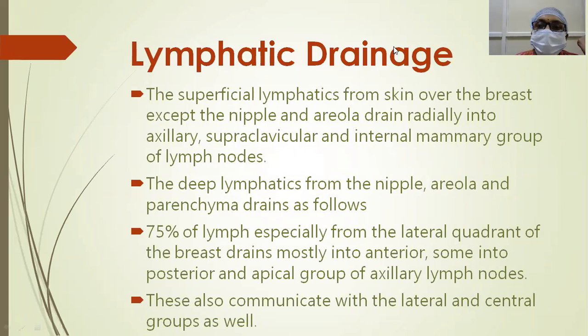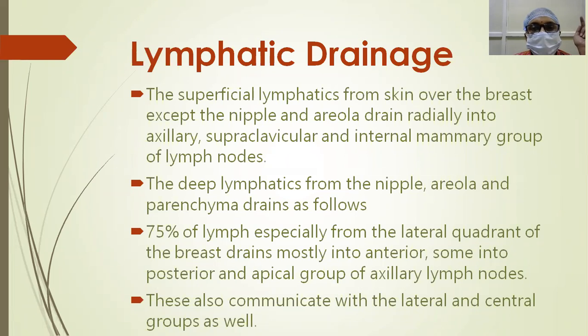The superficial lymphatics from the skin over the breast, except the nipple and areola, drain radially into the axillary, supraclavicular, and internal mammary group of lymph nodes. So remember, except the nipple and the areola, the rest of the skin of the breast drains into the axillary, supraclavicular, and internal mammary group.